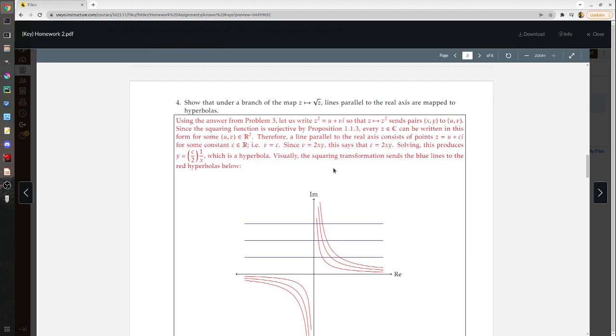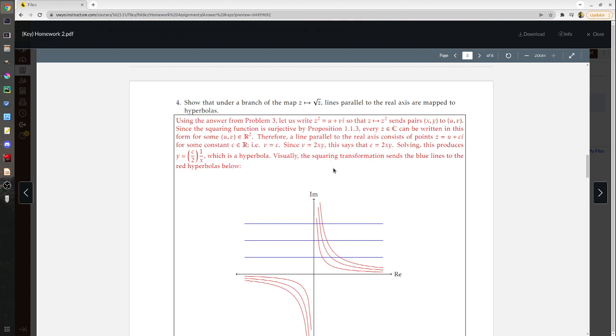Namely, if you recall, on one of the first days, we went through proposition 1.1.3, which told us that every complex number has a square root, or more accurately, in terms of this problem, every complex number is a square. So there's something that squares to it.